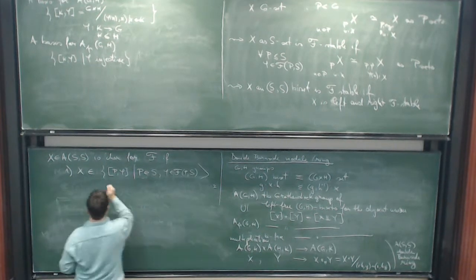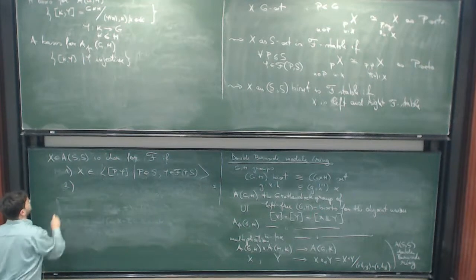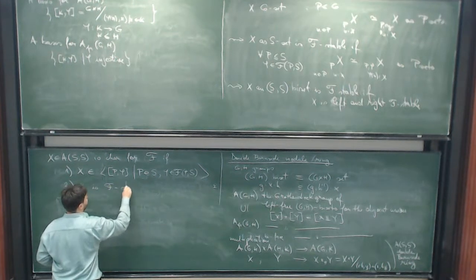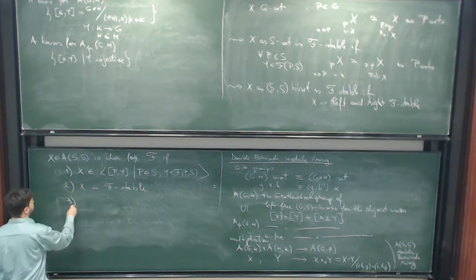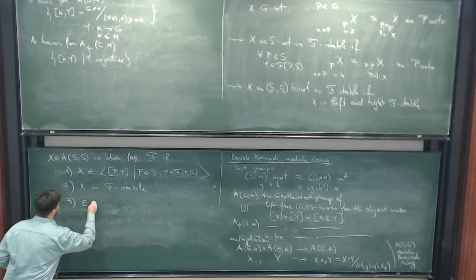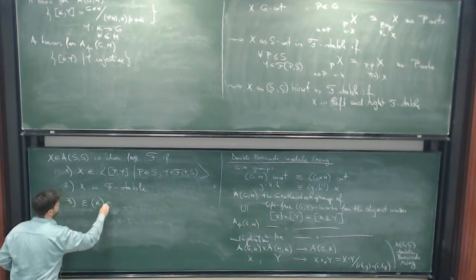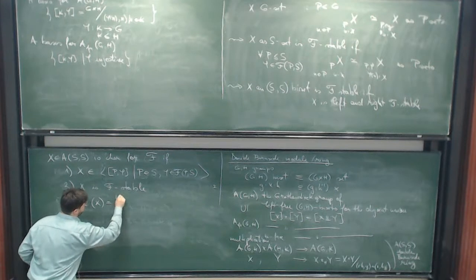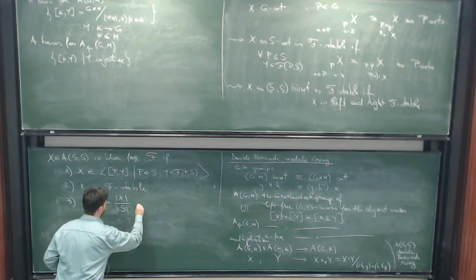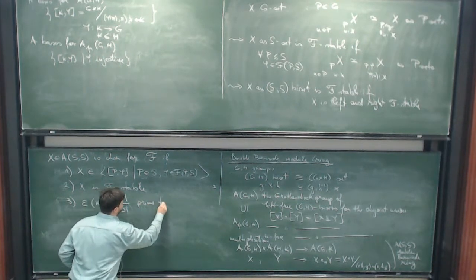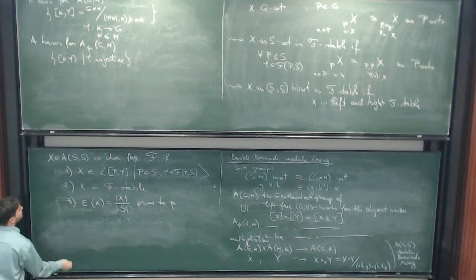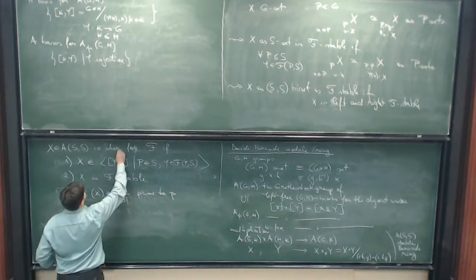Second, X is F stable. And third, we want the augmentation, which, given that anyway you have a free action on one side, is an integer, we want this to be prime to p. Okay. And so characteristic.